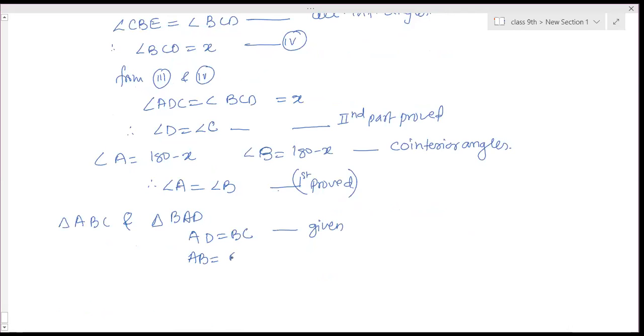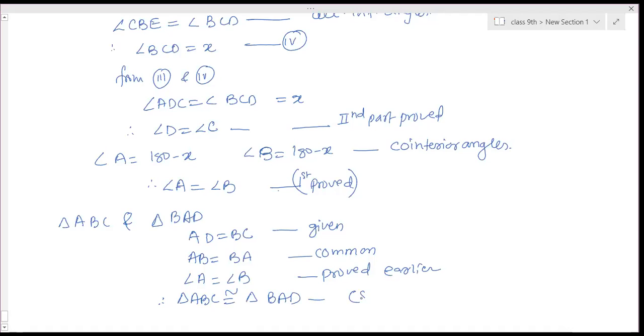AB is equal to BA, common, and angle A is equal to angle B, proved earlier. Therefore triangle ABC is congruent to triangle BAD by SAS, and therefore AC is equal to BD by CPCT.